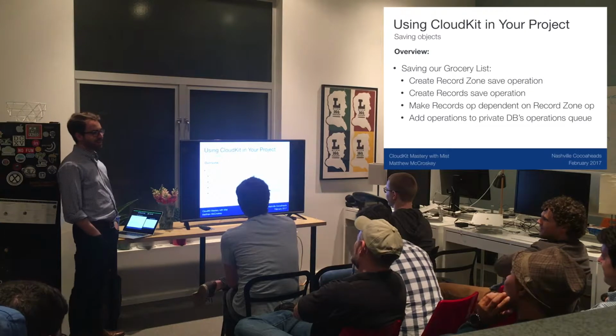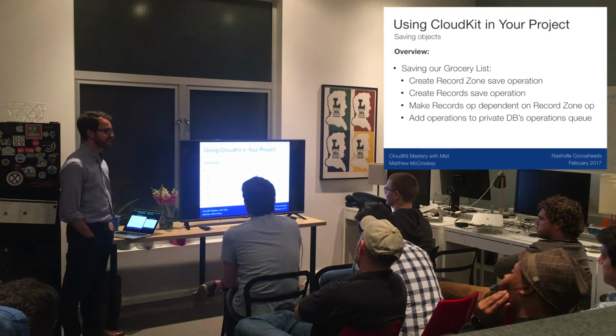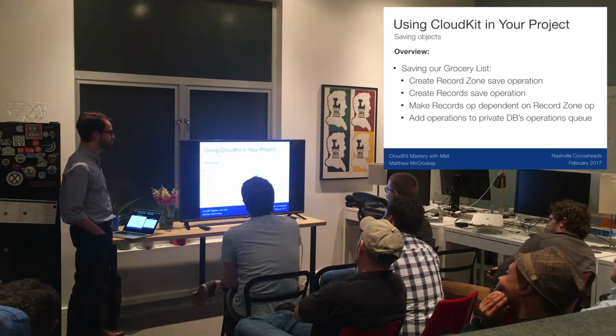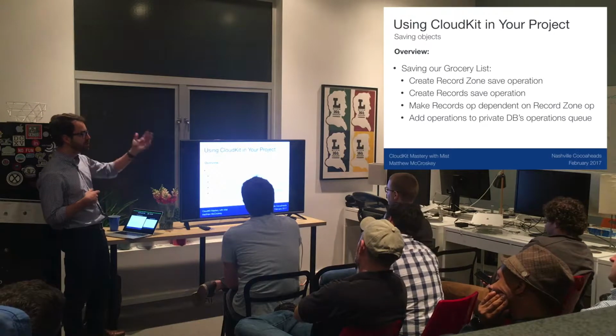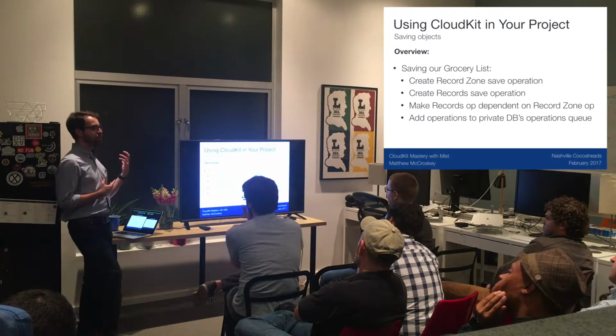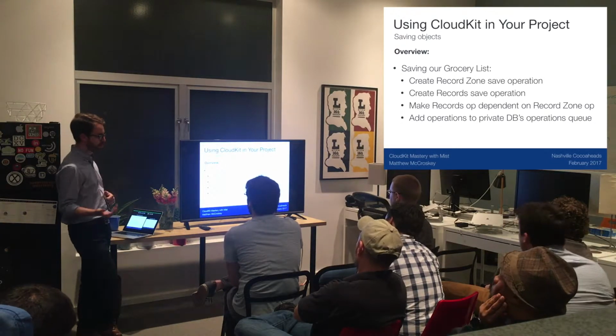Because it uses the network, obviously it can get interrupted. It can have long delays. It needs to be asynchronous, right? That's what I'm getting at. Because of that, everything that you do regarding pulling data down, communicating with CloudKit in any way is done with an operation. Specifically, you do it with one of a bunch of different subclasses of CKOperation, which is itself a subclass of NSOperation.